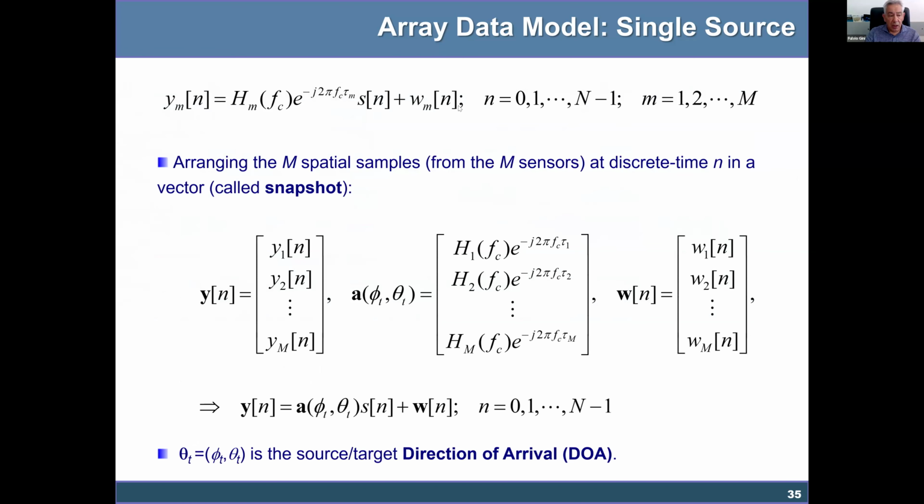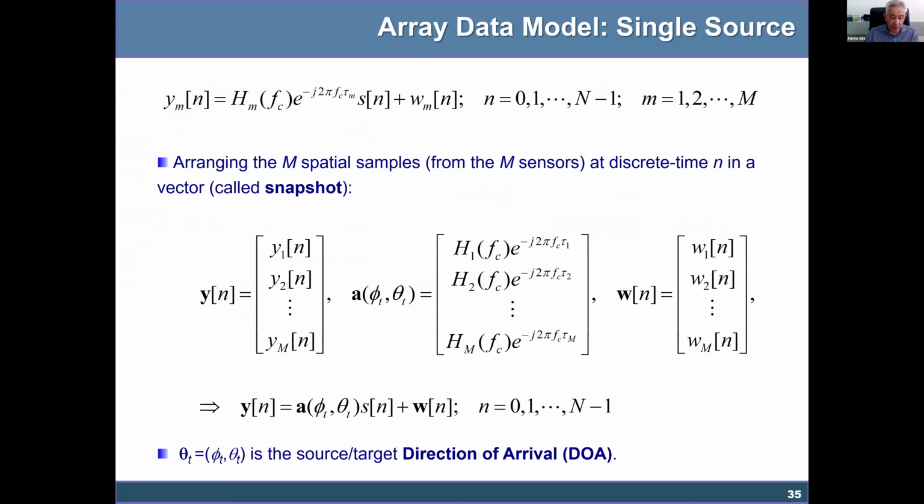Now, let's arrange the m spatial samples in an m-dimensional vector. So the y bold represents the m-dimensional vector that contains the m samples at the output of the m sensors at time n.